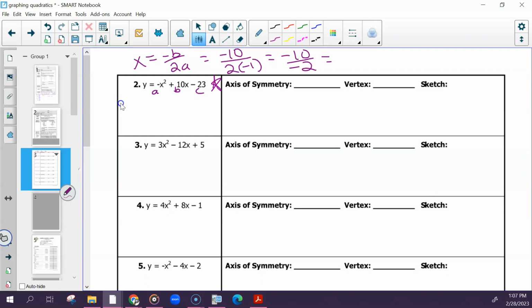So this would give us negative 10 over negative 2, which would be what? Positive 5. So x equals 5 would be our axis of symmetry. And then we would use that to find our vertex. So put 5 in for all of your x's. Be careful with this negative here. Still put your 5 in parentheses, but the negative is outside of it.